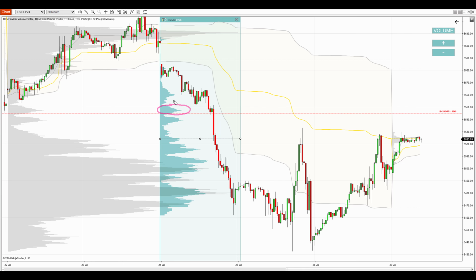This volume bump shows a place where sellers were adding to their short positions as they were pushing the price downwards, right? The sellers should defend this heavy volume bump, and if the price reaches that place, the sellers should become active and push the price downwards from there.